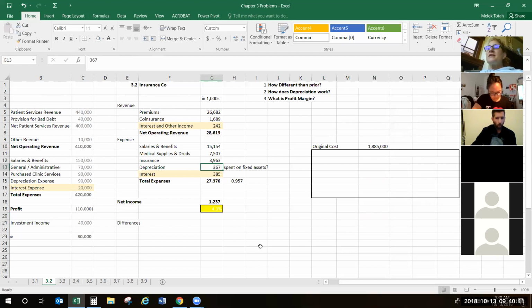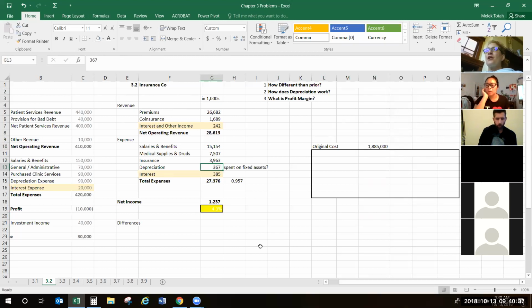And so your hint is, whenever you see the word depreciation, it's never going to be the money that you used to buy it. It's only the theoretical, the word depreciation, which just means the erosion of the value of your fixed asset you already purchased.